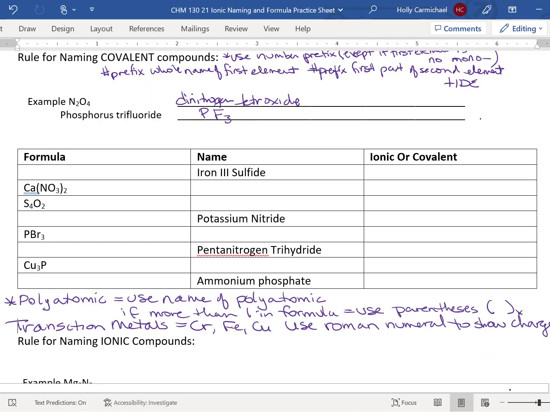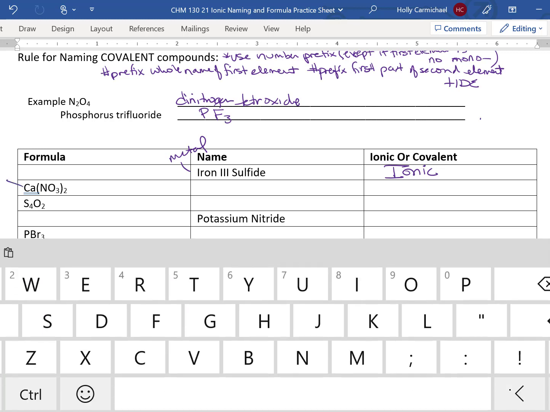So here's this one. In the first one, if you look at the name, the first word is iron. Is that a metal or a non-metal? It's a metal, so that means this is ionic. That's how I know it's ionic. If I look at Ca(NO3)2, what is calcium?